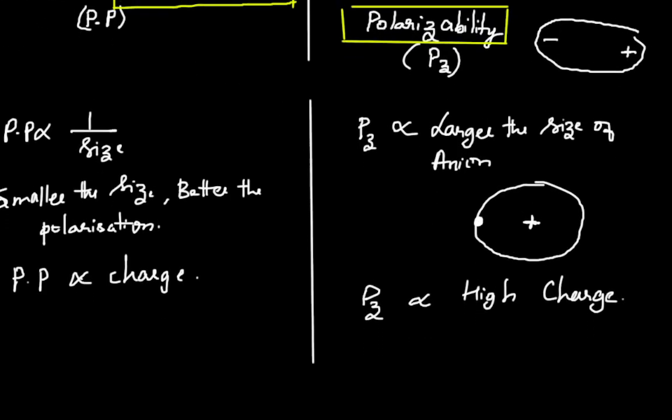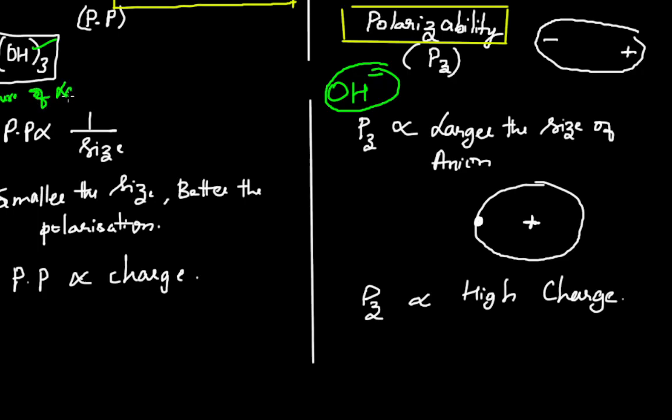Suppose you have a mixture of lanthanides and your anion is hydroxide, lanthanum hydroxides. Tell me, what is the anion here? The anion here is OH-. Specifically in this scenario, OH- is constant. What varies here? It's a mixture of lanthanides.